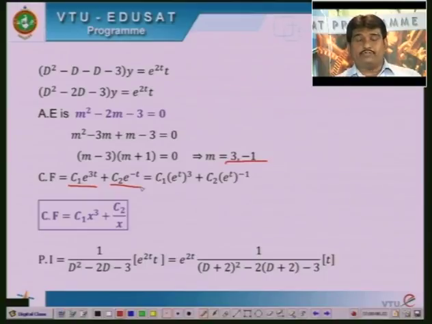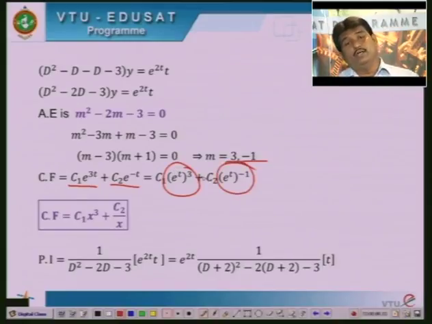Write e to the power of 3t as e to the power of t the whole cube, and e to the power of minus t as e to the power of t to the power minus 1. So CF is C1 into x cube plus C2 into x to the power of minus 1, which is C2 by x. This is CF.